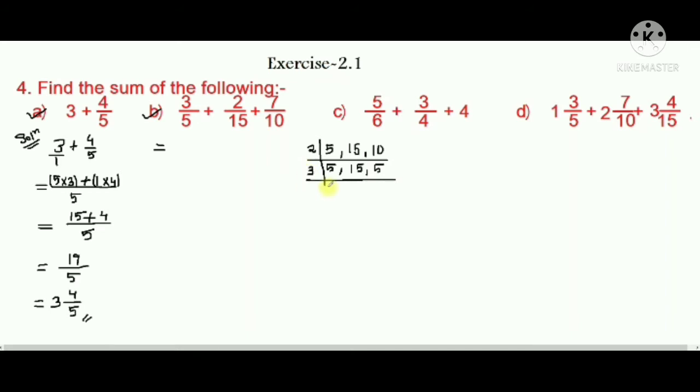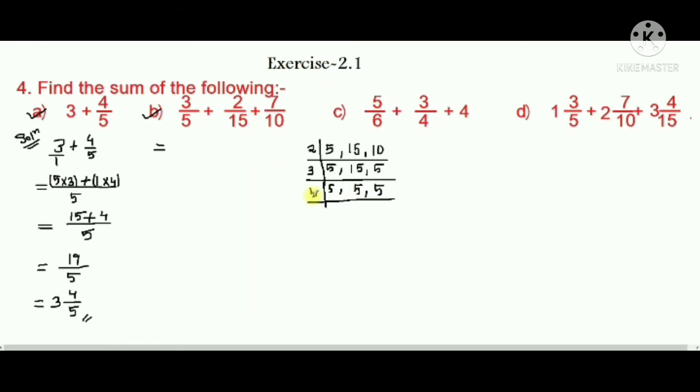So here, 3 can't divide 5, so you write 5 as usual, and this 3 can divide 15. How many times does 3 go in 15? 5 times. Then you give 5 and a comma, then 5 you write the same, because you can't divide 5 by 3. Now you see there are 5, 5, 5, so you give 5 here.